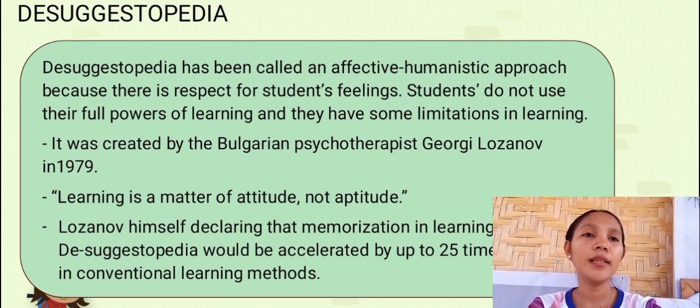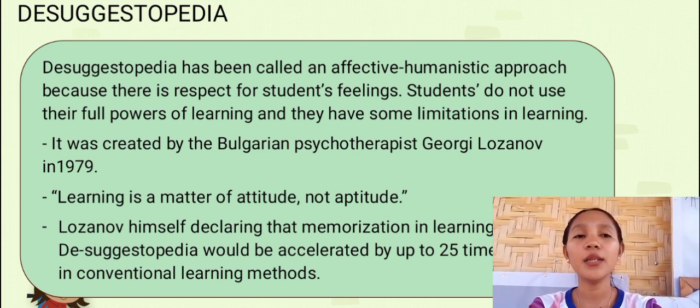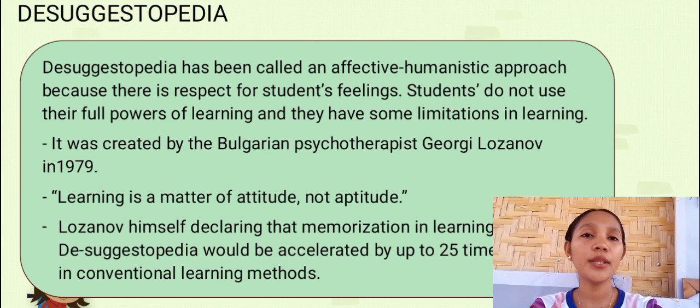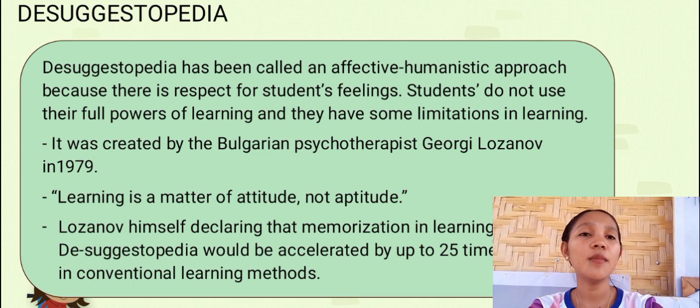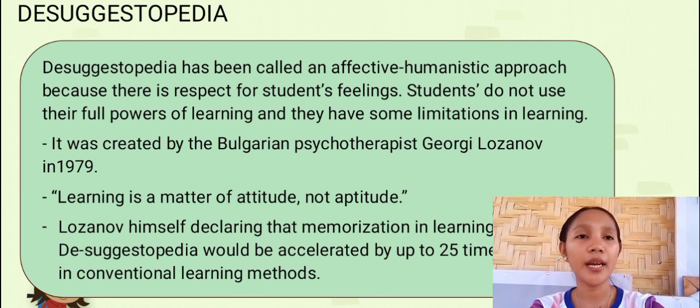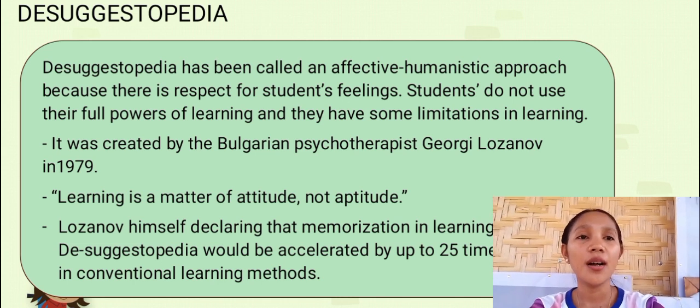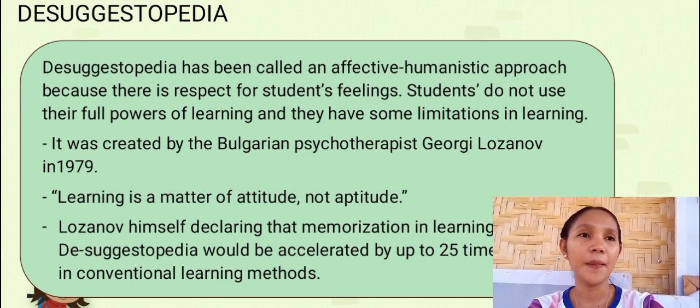Desuggestopedia was created by a Bulgarian psychiatrist and educator, Georgi Lozanov, in 1979. It is a teaching method that puts importance in desuggesting limitations on language learning.